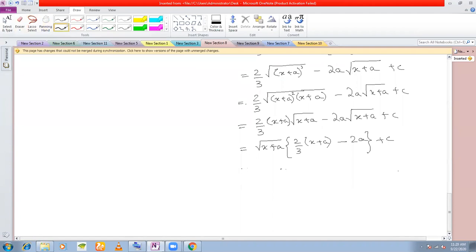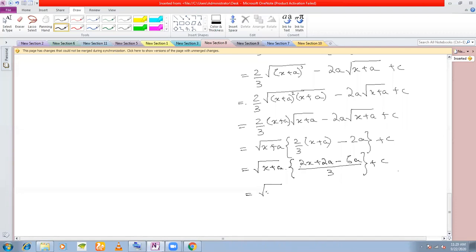If you take the LCM again, root x plus a, you get 2x plus 2a minus 6a, divided by 3, plus c.